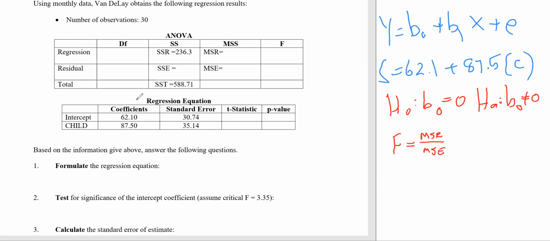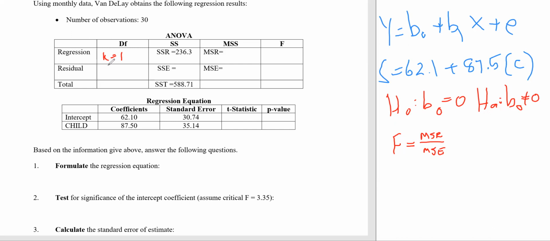So what do we need to do here? Well, listen, I made this up. So let's start filling this in. The degrees of freedom in the regression is just equal to K, and K is equal to 1. That's just the number of independent variables. In the residual or error term, this is n minus k minus 1.